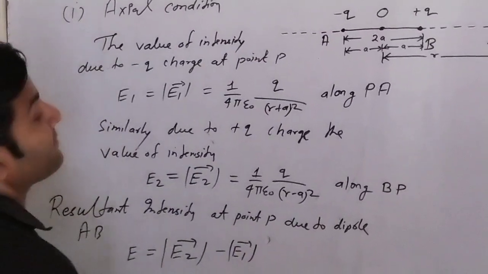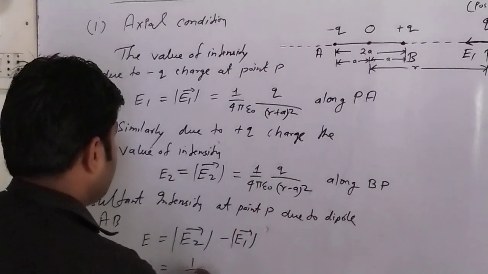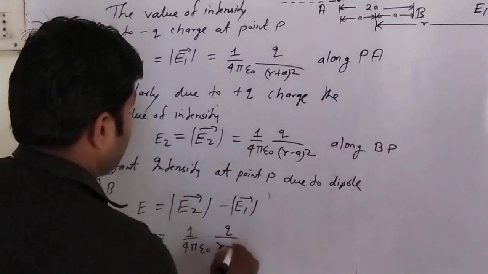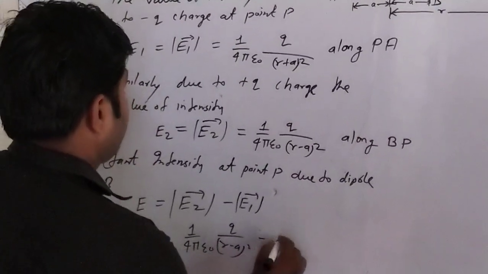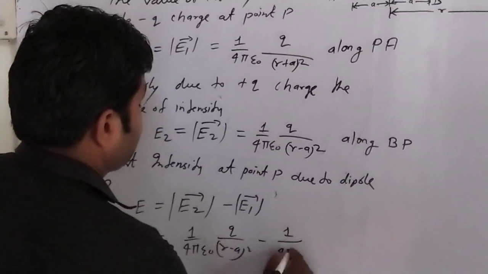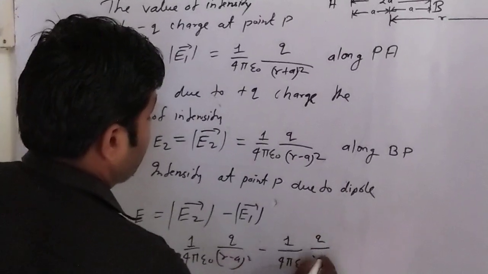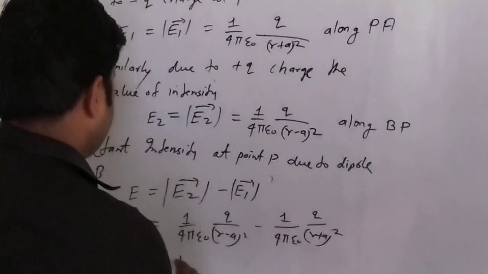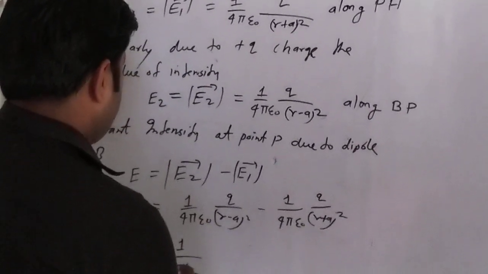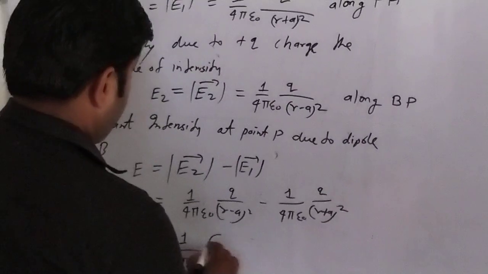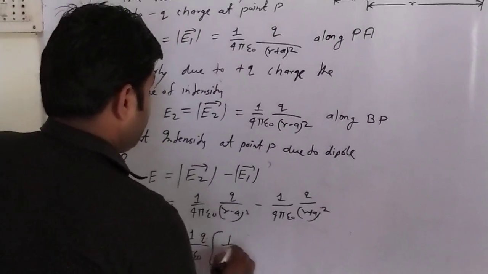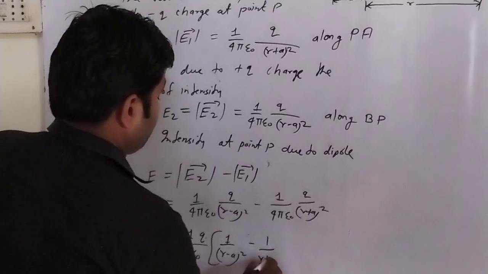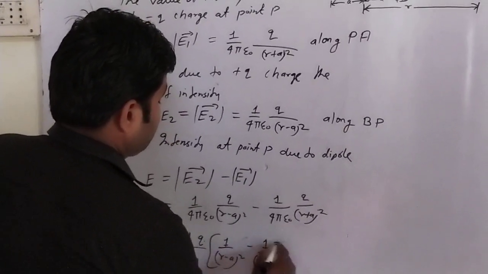The value of E2 is 1 upon 4 pi epsilon naught q upon (R minus a) whole square, minus 1 upon 4 pi epsilon naught q upon (R plus a) whole square. Then 1 upon 4 pi epsilon naught is common, and q is also common, leaving 1 upon (R minus a) whole square minus 1 upon (R plus a) whole square.